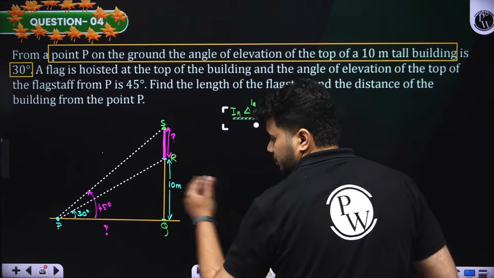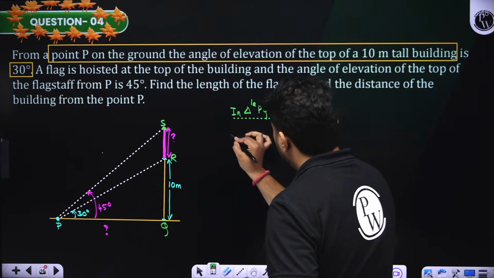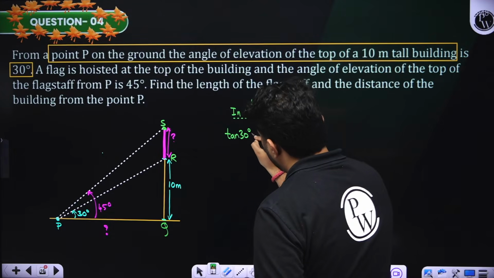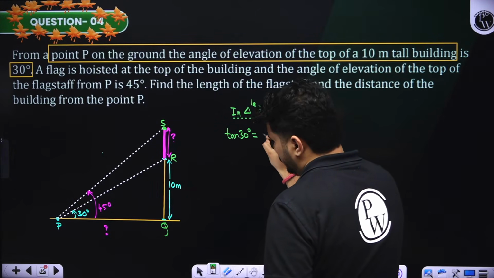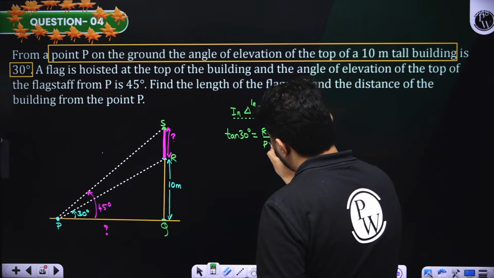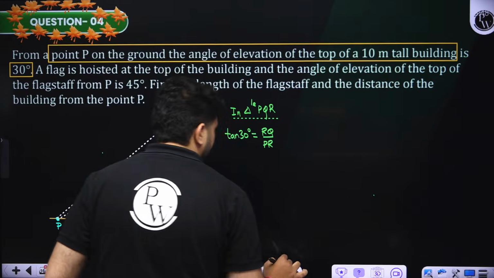So if I use tan 30 degrees, it will be opposite by base, right? So in triangle PQR, tan 30 degrees will be equal to RQ divided by PQ.